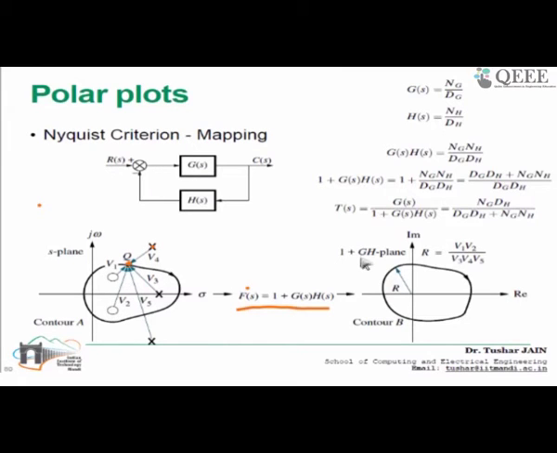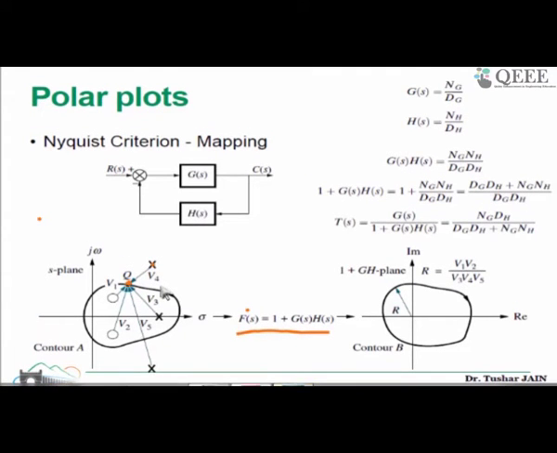Then I take the ratio: the magnitudes from the zeros, v1 v2, divided by the product of the magnitudes from the poles. This gives me the phasor length, and the angles contributed give me the phase angle. So finally this gives me this angle.